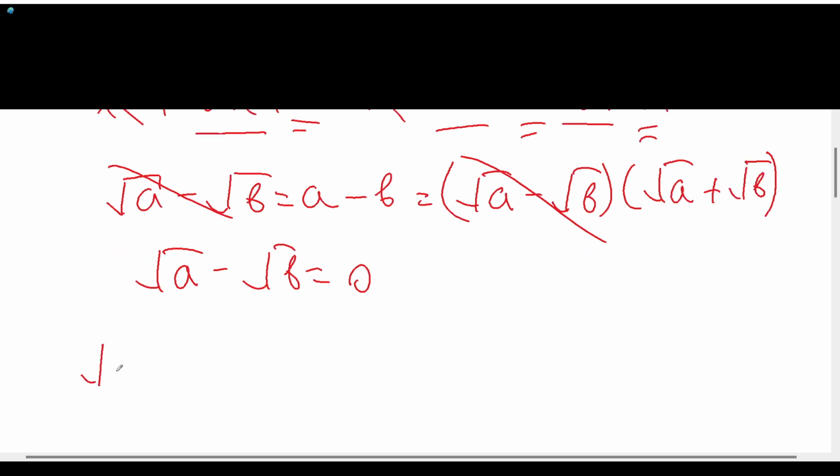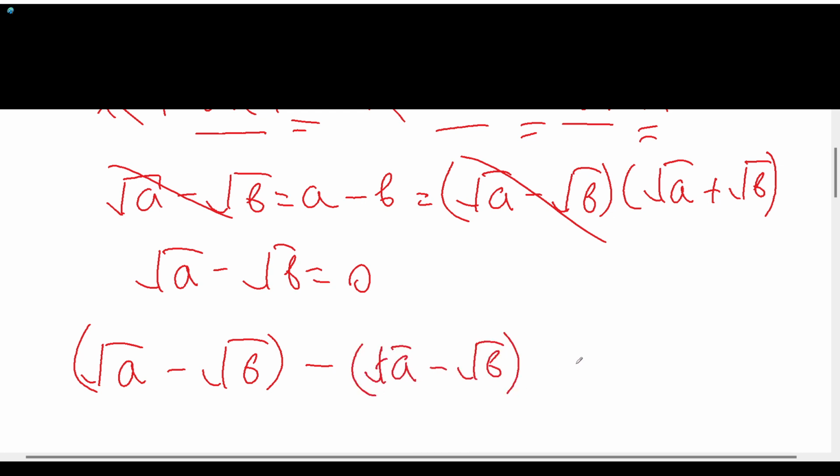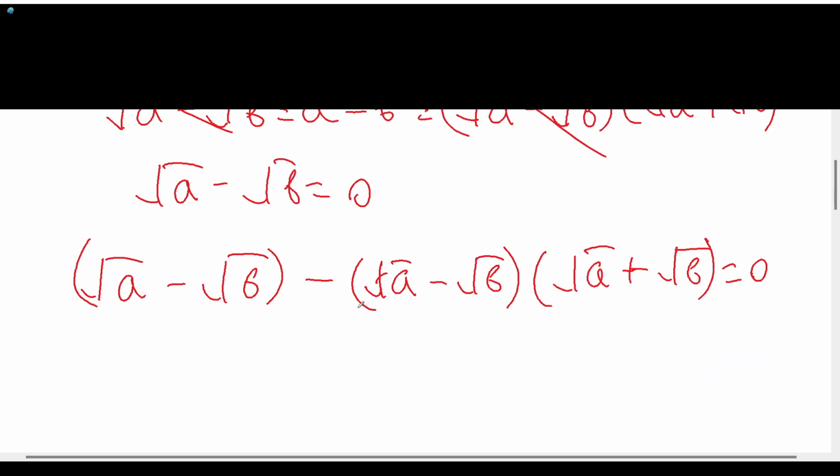Because if we write down that square root of a minus square root of b, and if we subtract from both sides a minus b, we'll get that square root of a minus square root of b and square root of a plus square root of b will be equal to 0.